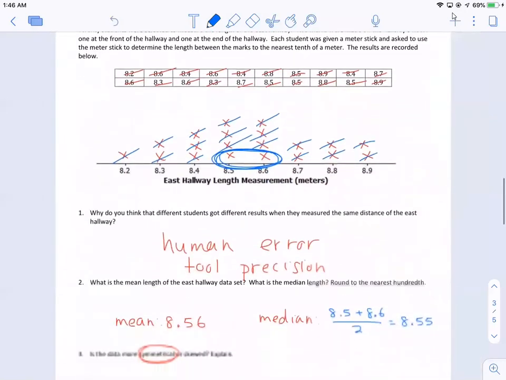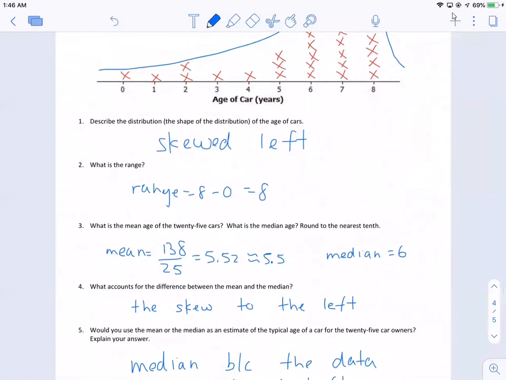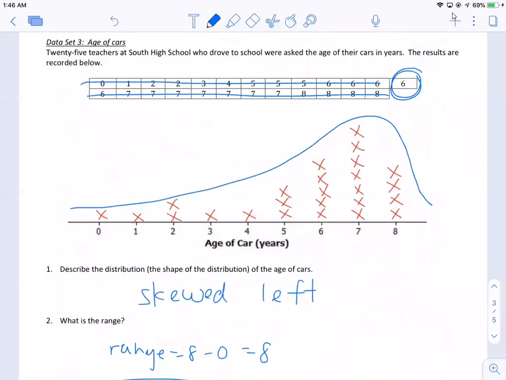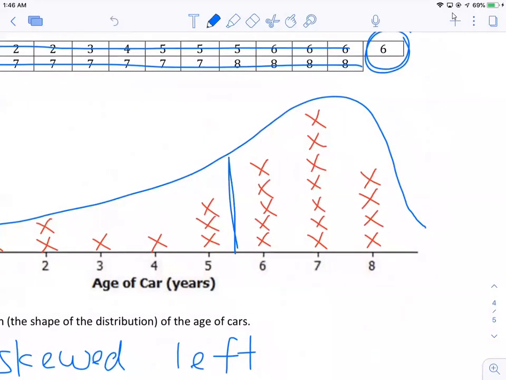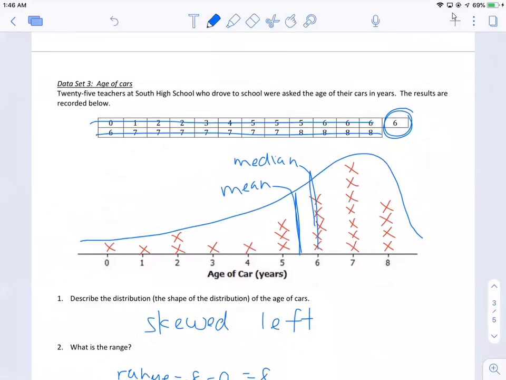When we had our tail on the left side, our median was 6 and our mean was 5.5. So let me actually write those in. Our mean was here and our median was here. So you can see just when those shapes happen, that's actually how the data works out. The mean is going to be less than the median when it's skewed left. When it's skewed right, the mean will be greater.